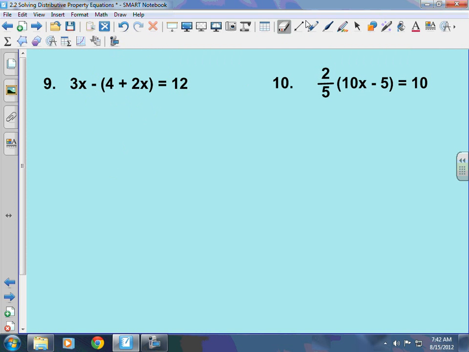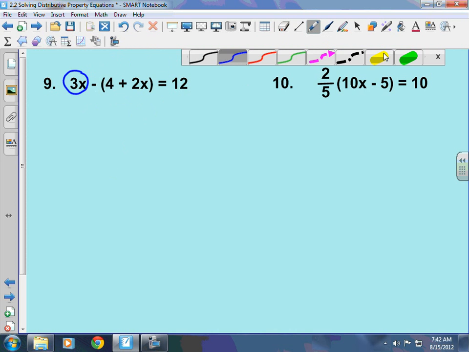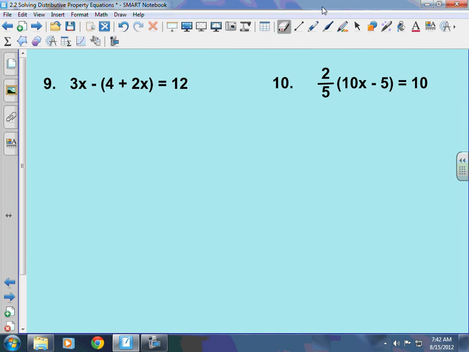Sometimes students think that my distributor is this 3x right here. Why is 3x not the distributor? That's correct. There is a sign between the 3x and the parentheses. That tells me the 3x cannot be the distributor. Okay? So, I have my negative 1 here.